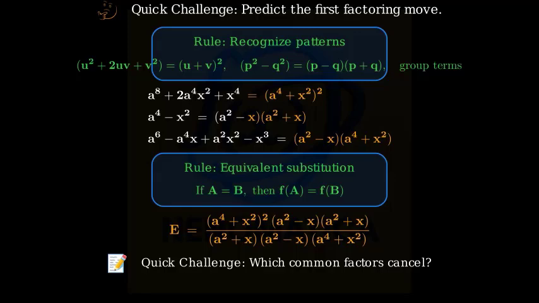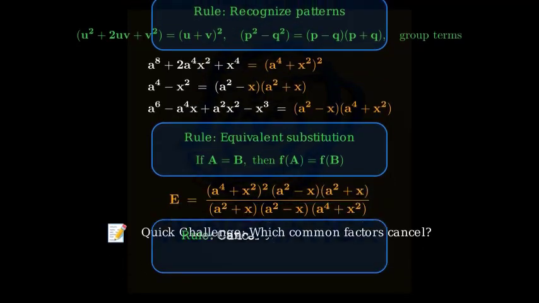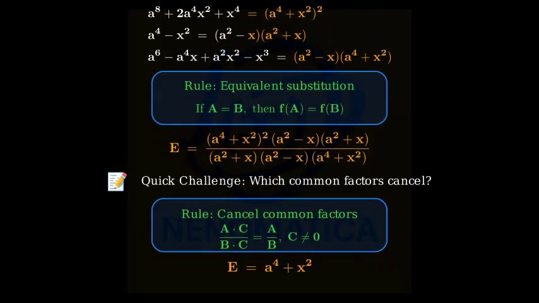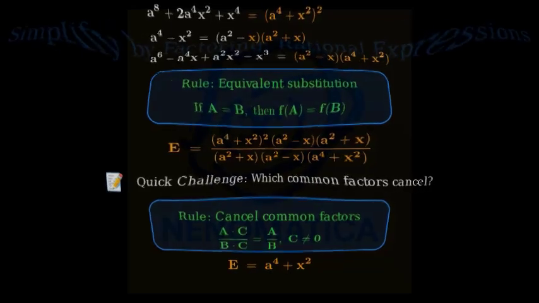Cancel common factors. Rule: if a common non-zero factor appears in numerator and denominator, cancel it. The factors a squared plus x, a squared minus x, and one copy of a to the 4 plus x squared cancel, leaving a to the 4 plus x squared.